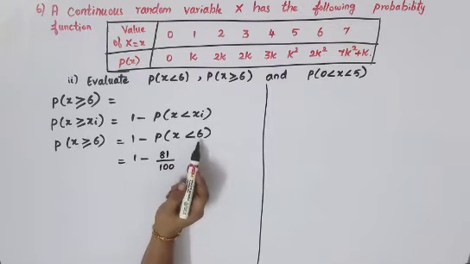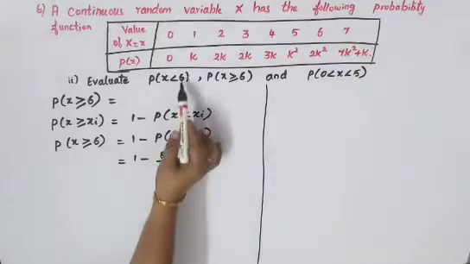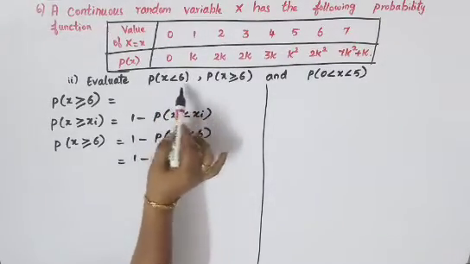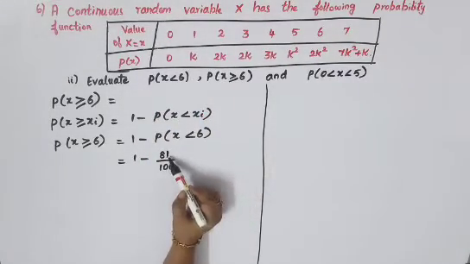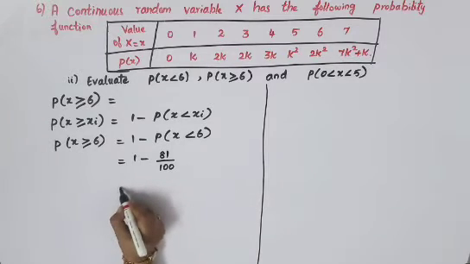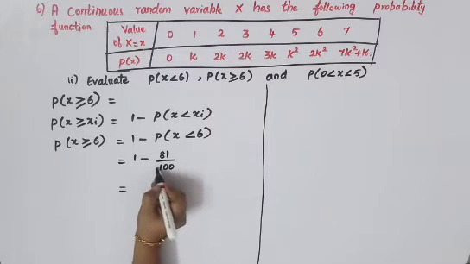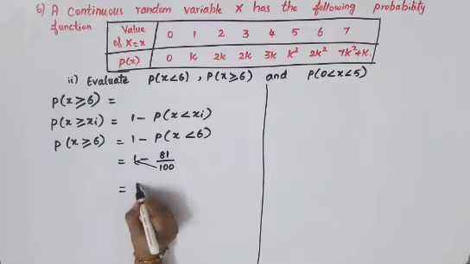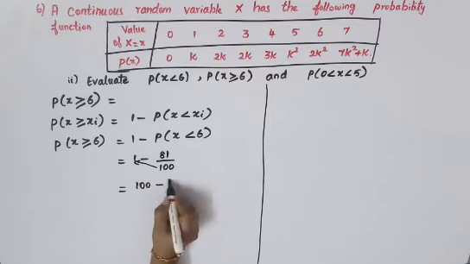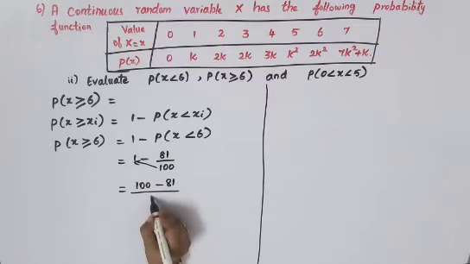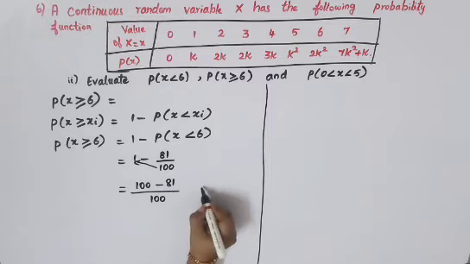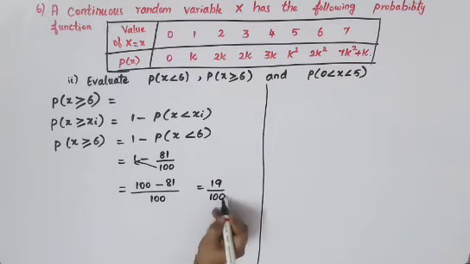Now going to your LCM, 100 minus 81 divided by 100. 100 minus 81 will be 19. So 19 by 100 is the answer for your P(X ≥ 6).